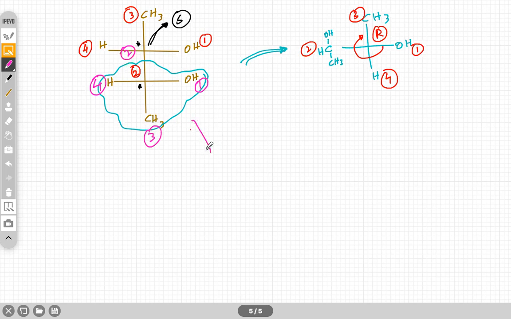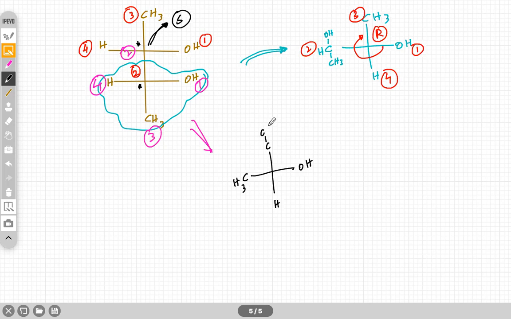So we'll do the change here also because fourth is not on the bottom. So the change is what we'll consider like this. We have H here, CH3 here, and OH this side. And whatever group we have here, it has the second priority, right?